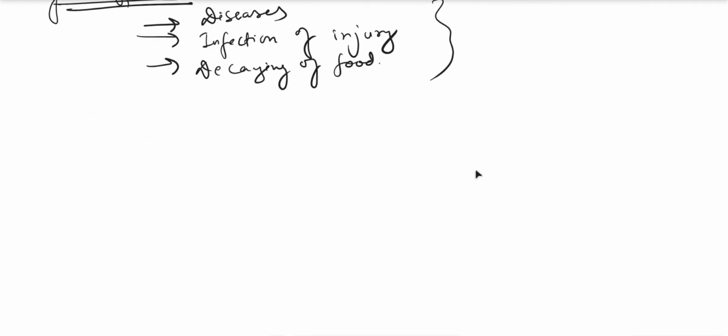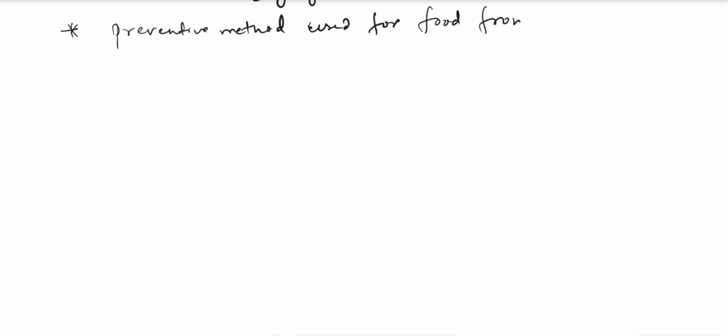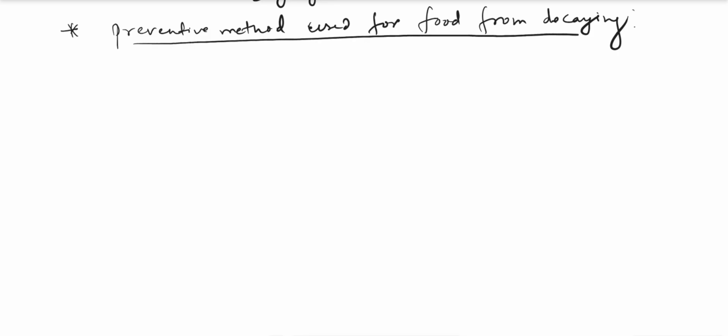The next topic that we are going to read is preventive methods used for saving food from decaying. By the effect of different bacteria as well as fungi, the food will decay faster. In order to prevent them from decaying, we will use the following methods. The first thing is keep food in dry condition.